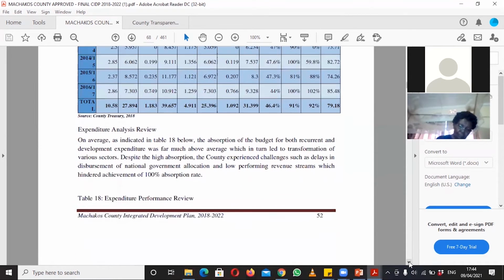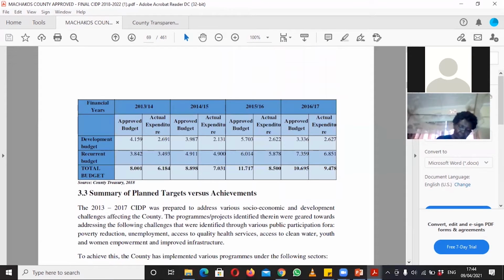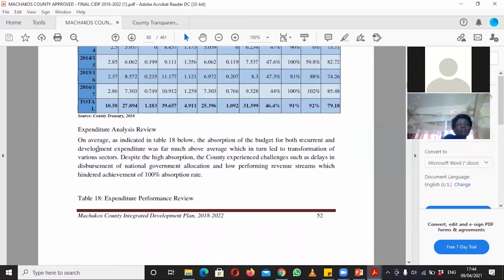After looking at income streams, there's also the expenditure analysis review. The expenditure analysis shows the absorption of the budget for both recurrent and development expenditure. Absorption means how much money has been used. Recurrent, as I stated earlier, means money allocated for operations, maintenance, salaries, wages, so day-to-day activities.